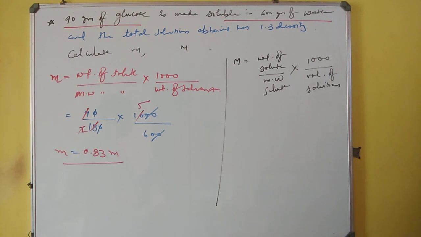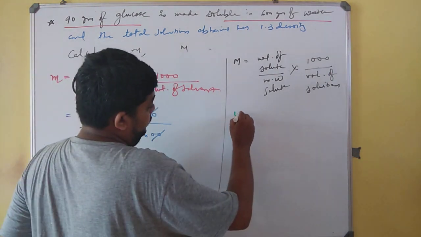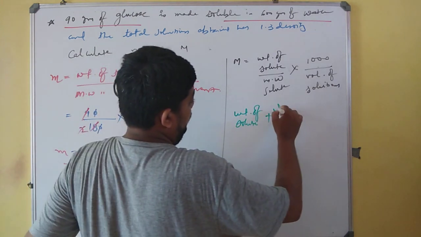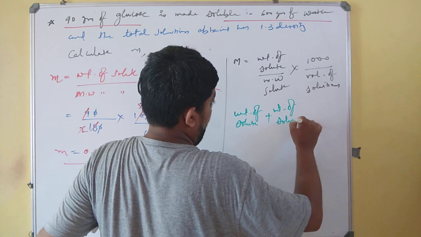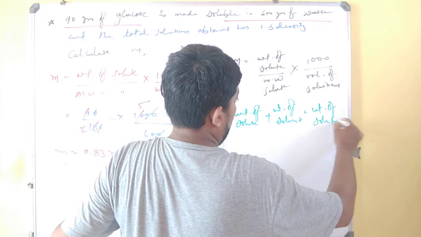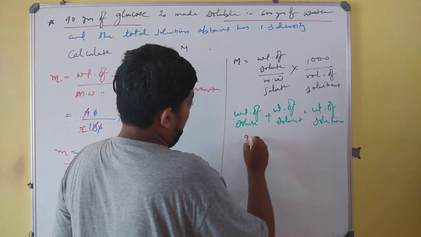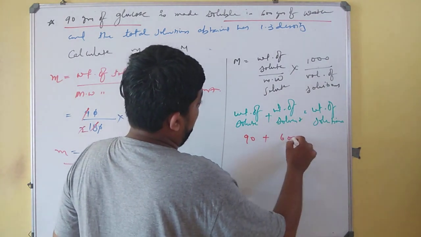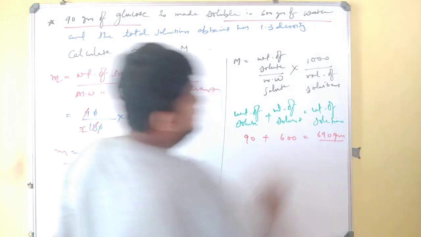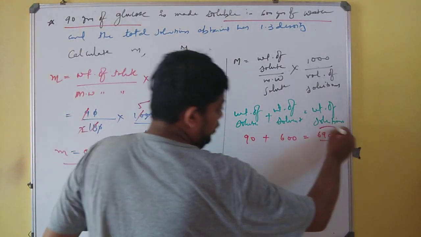Weight of solute plus weight of solvent is equal to weight of solution. Weight of solute is 90 gram, weight of solvent is 600 gram. So weight of solution will be 690 grams.